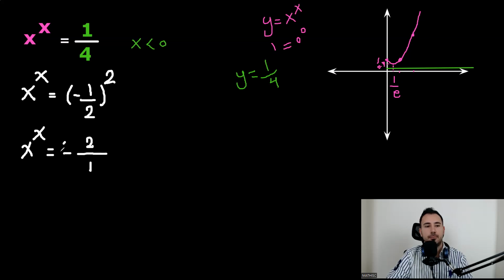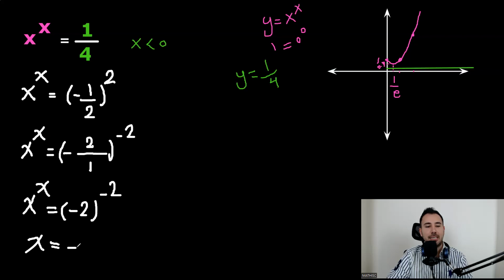And the power instead of 2 will become negative 2. Okay. Now, I think you could see the value to this equation. It will be negative 2 to the power of negative 2. So obviously, by observation, the value of x is negative 2.